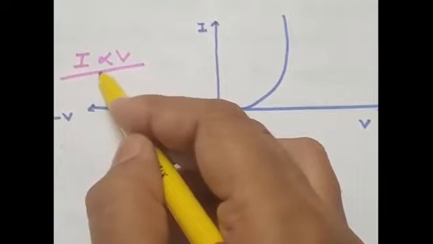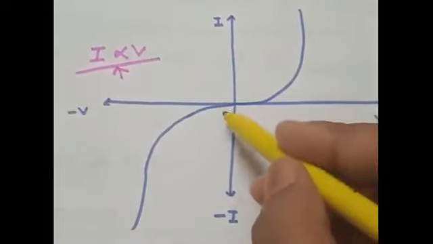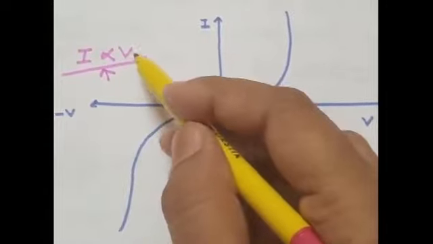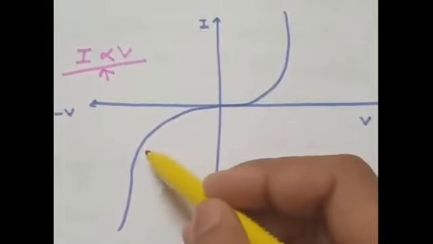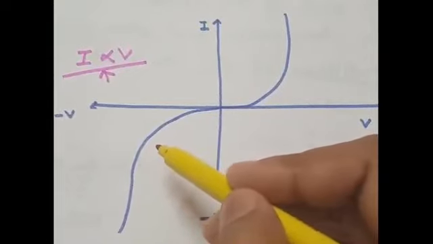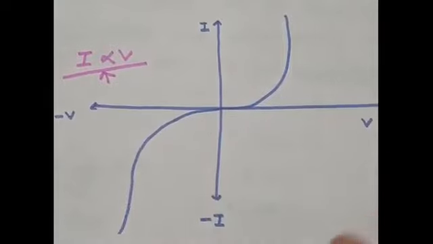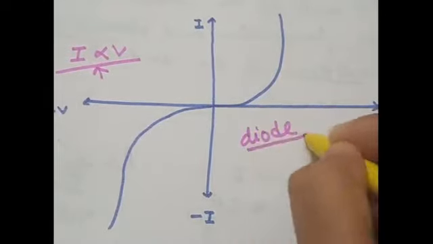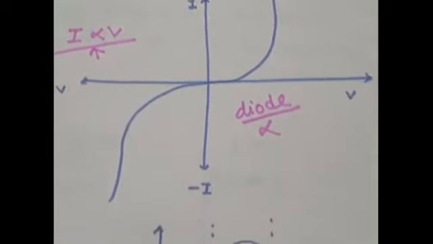But that is also not happening when we are reversing the terminals of the battery. That means when negative potential is there, the same amount of current is not flowing in the circuit in reverse order. So that is why here also in case of diodes, Ohm's law is not followed.